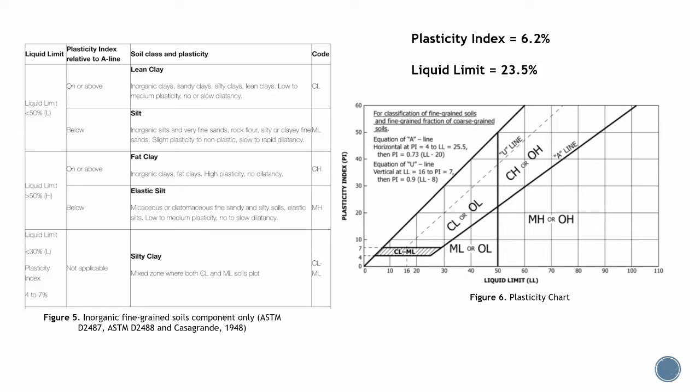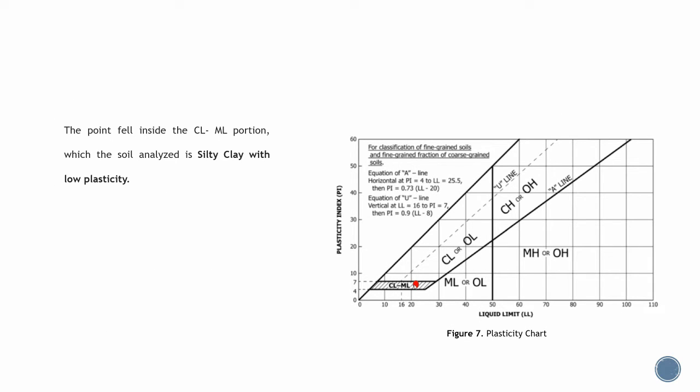This is because our plasticity index was 6.2% and our liquid limit was 23.5%. As you can see in figure 6, 6.2% and 23.5% respectively fall where we have it marked on the chart. That's how we were able to determine it was a silty clay with low plasticity.